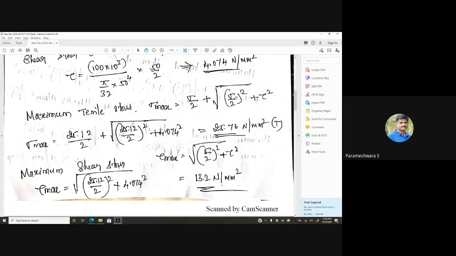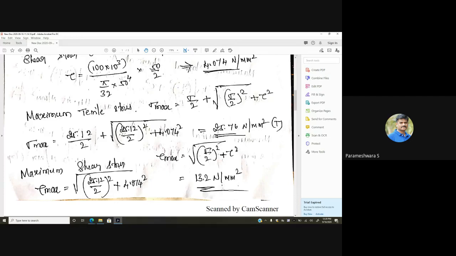Just put the sigma value, the combined stress value, and the calculated shear stress value, that is 40.074, and determine the maximum normal stress, that is 25.76 megapascal. That is purely tensile stress. And also find out the maximum shear stress using this formula: tau max is equal to square root of (sigma by 2) square plus tau square.